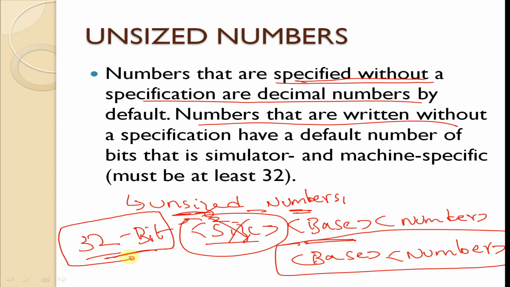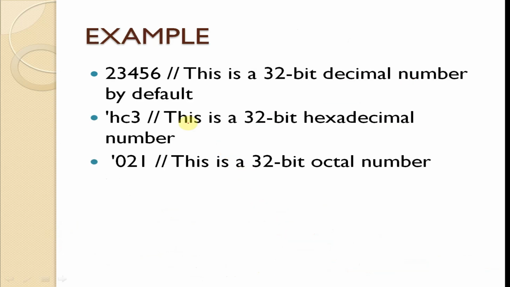So the size is allocated by the simulator to this number. And if we don't specify the base, then it will be by default a decimal number. For example, here we are just simply writing the number 23456. So by default the simulator will make it a 32-bit.